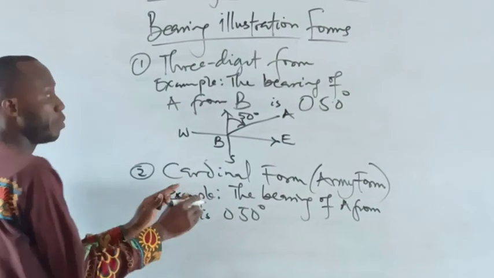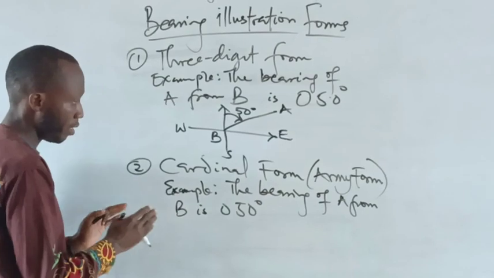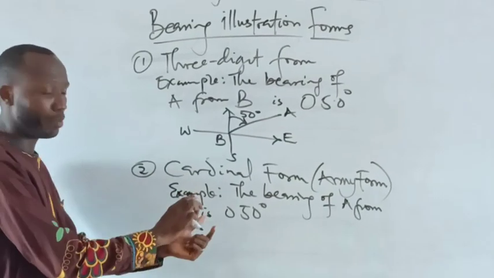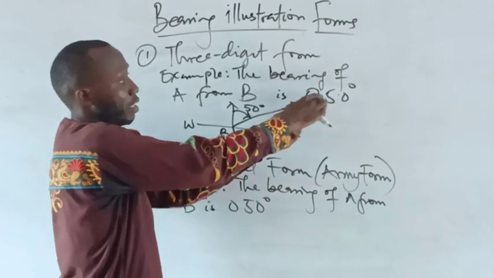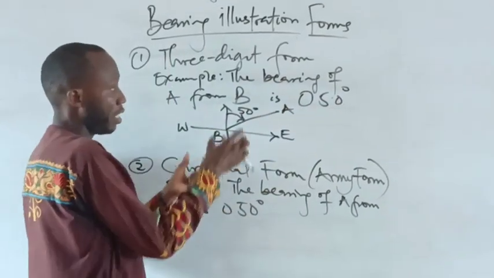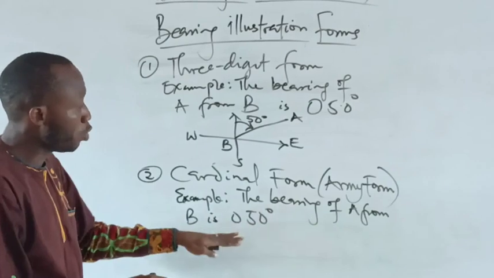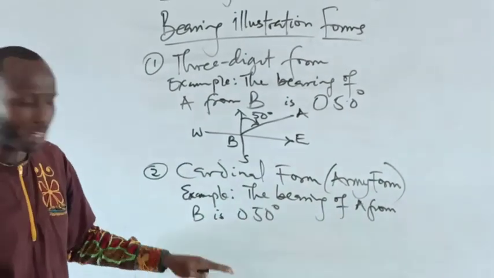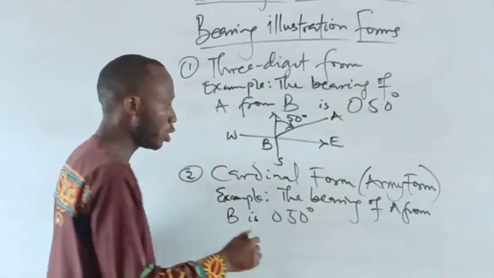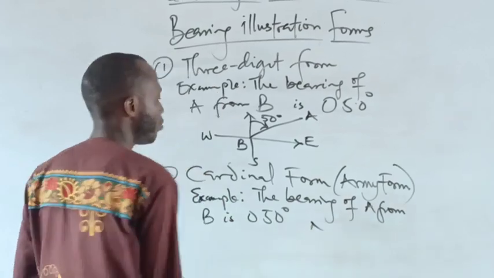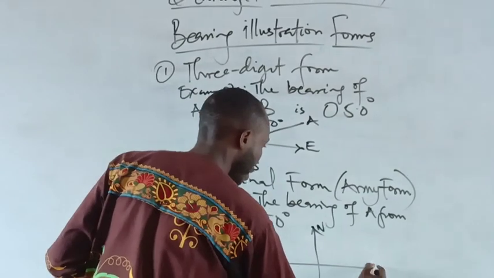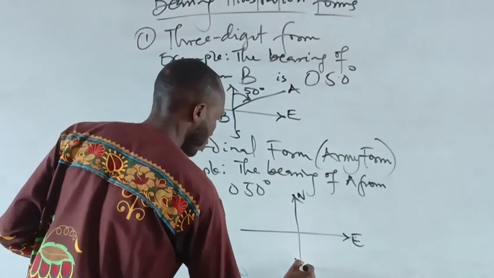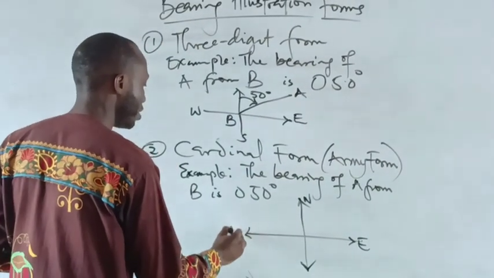So this same word problem, using the 3-digit, you can see the 3-digit form is already here, fine. I've illustrated it. So I'm going to use the cardinal form to illustrate this. So what does it look like? So for the cardinal form, the illustration is still like this. That's for the diagram, but the writing is different.